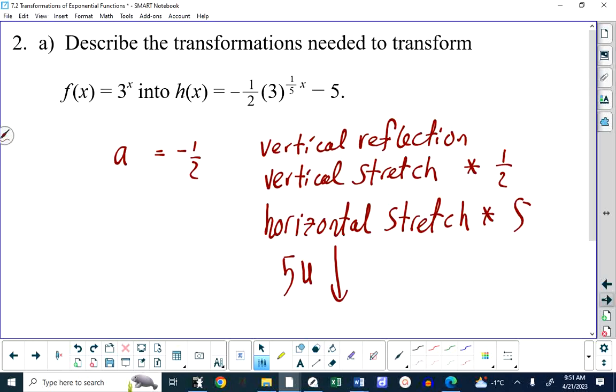That being said, you know me, I make silly mistakes. Are we in agreement on this? Does everything that I've written make sense based on the fact that A is negative 1/2, B is 1/5, and K is negative 5?